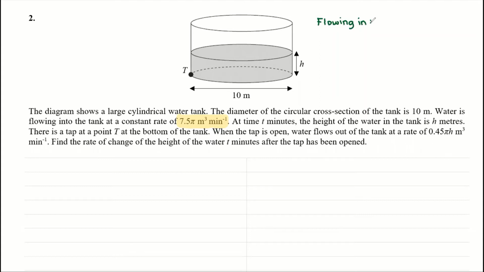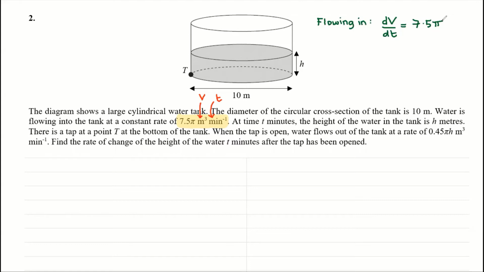So we can tell just using a bit of dimensional analysis, like I said, we've got meters cubed there, which is a volume, and we've got minutes, which is time. So it's a dV by dt. So I'm going to write that down. Now, this is just flowing in. So I've not read the rest of the question, so just bear that in mind. dV by dt would be equal to 7.5 pi, like so. So that's given in the second sentence.